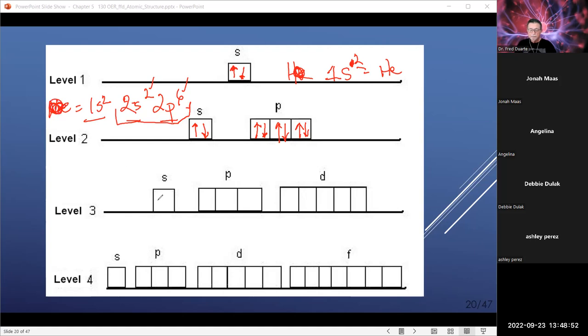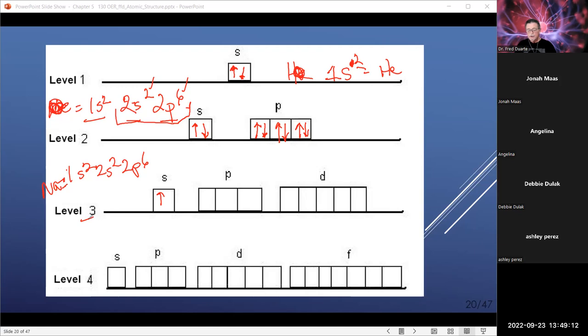And so sodium has 11 electrons. And so sodium has all what neon had, 1s2, 2s2, 2p6, but now this is for sodium, okay?